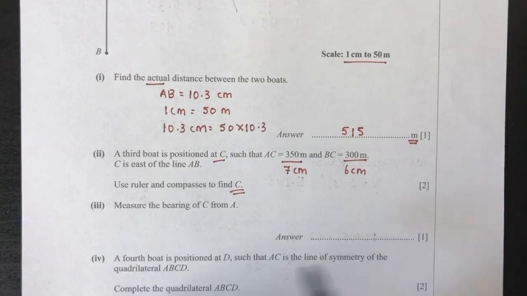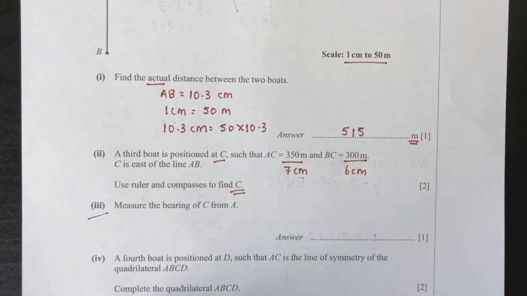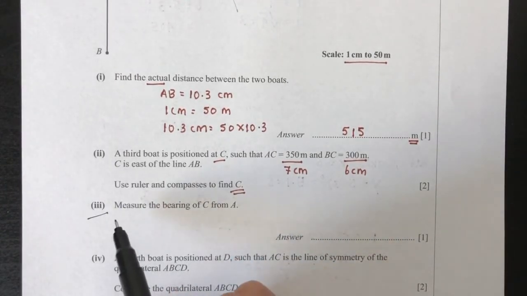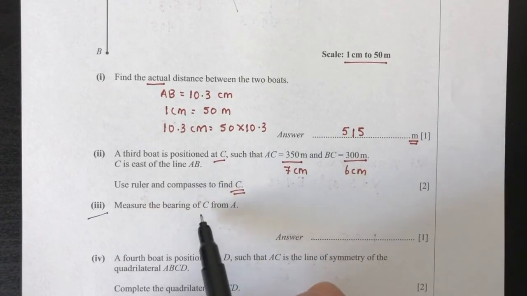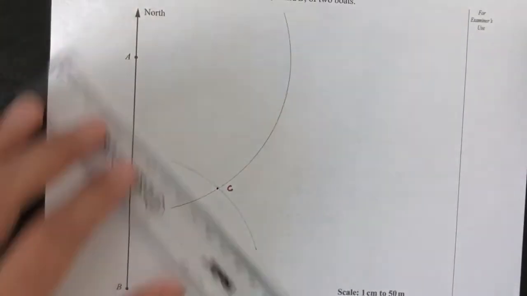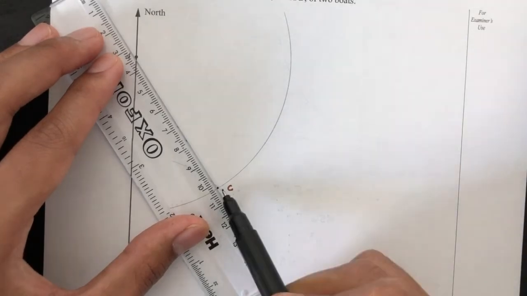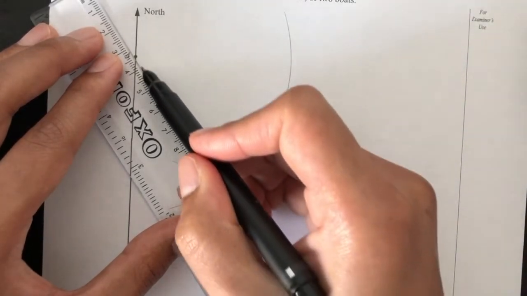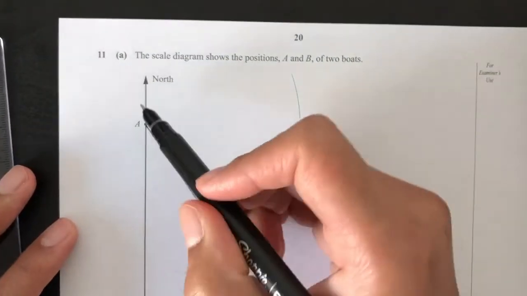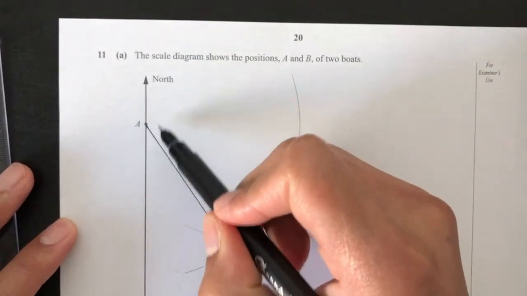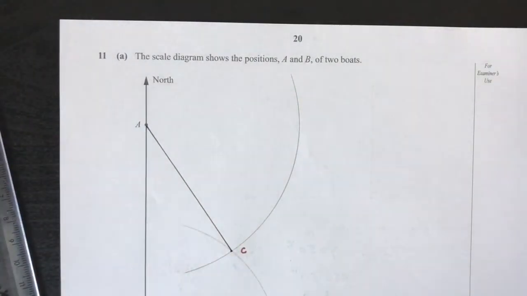Now what's next is part 3. Measure the bearing of C from A. So how do you measure bearing? Let's connect them for now to find the bearing of C from A. So we have to find this angle of C from A. You have to use your protractor because it says measure.